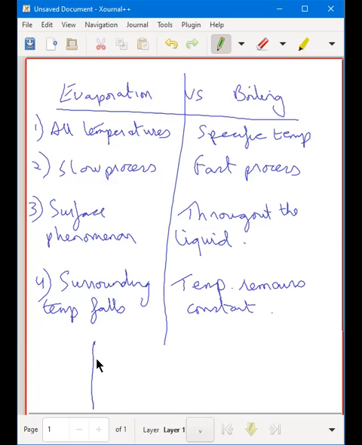Now we have a glass of water. This is filled with water. We have these molecules which are there at the surface. So what will happen is these molecules will absorb the heat energy or the latent energy from the atmosphere.